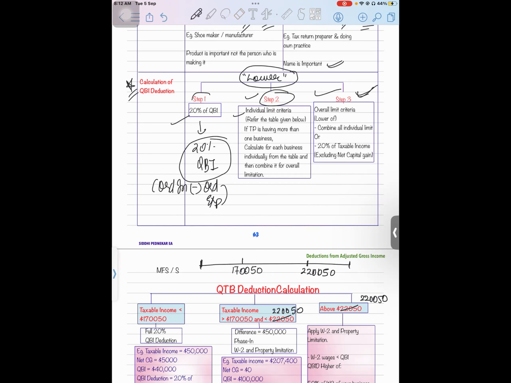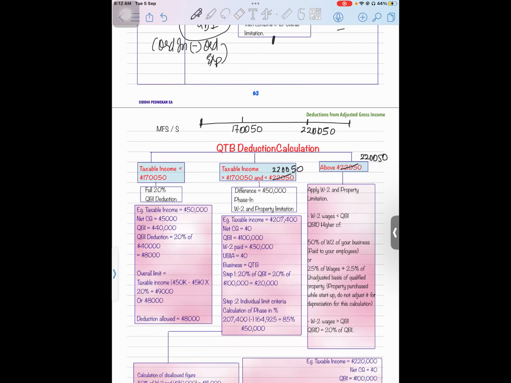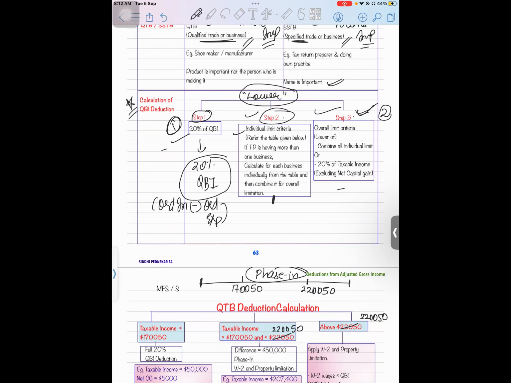Even though it is mentioned as step 1, 2, 3, I'll recommend this: this is your first, this is your second, and this will be easily available. In step 2, we are going to calculate based on phase-out limits. Sorry, here we are going to use phase-in. Don't go on the terminology; I'll explain how to calculate it. So step 1 and step 3 will be easily available. For step 2, you'll have to do the calculations.